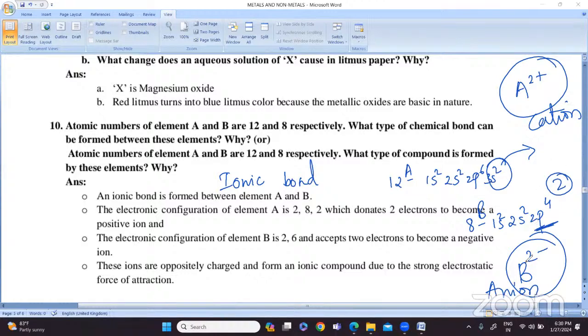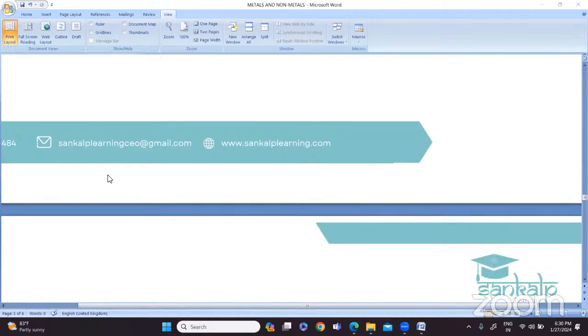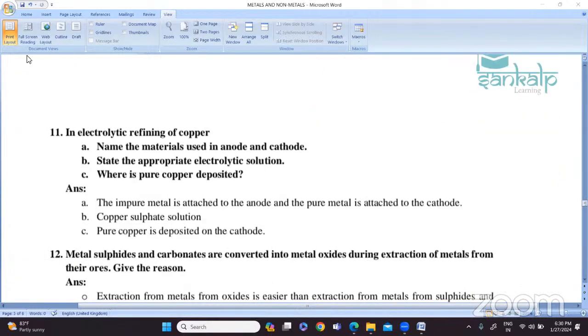Both the ions are oppositely charged, one is positive, one is negative, so a strong electrostatic force of attraction is present between these oppositely charged ions. So it is an ionic bond.